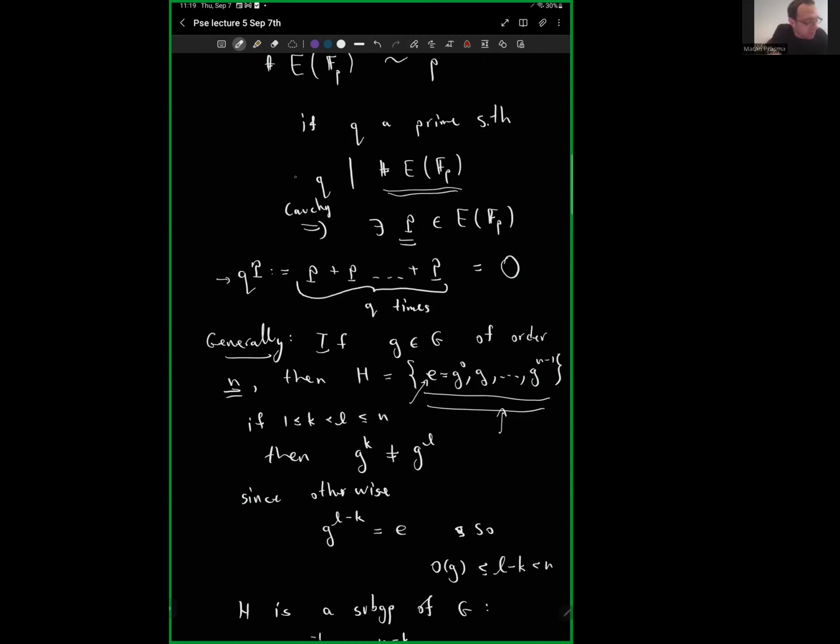You take a prime Q that divides the order of the group E(F_P), and Cauchy tells you that there is an element P of order Q, and this would imply that you get a group generated by P. You take all the non-negative powers of P, and you get a subgroup of E(F_P), and this subgroup is of order Q. And this, in fact, well, okay. So is this answering the question?